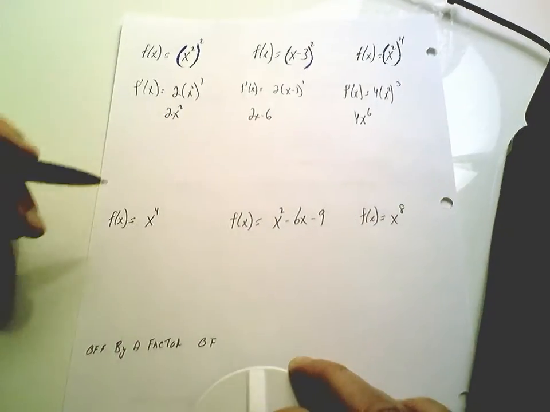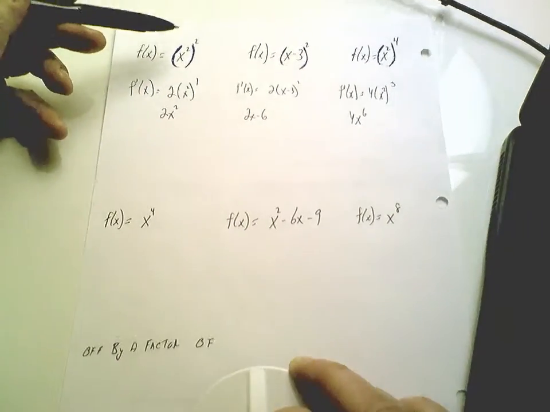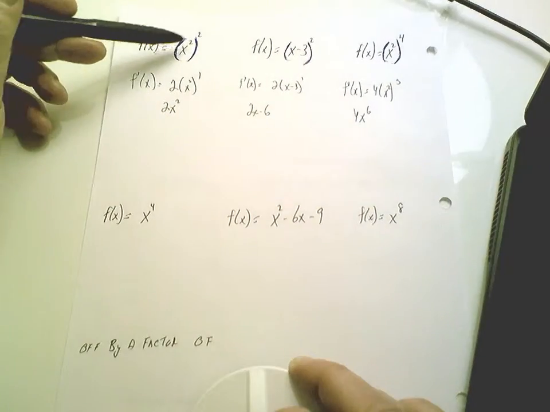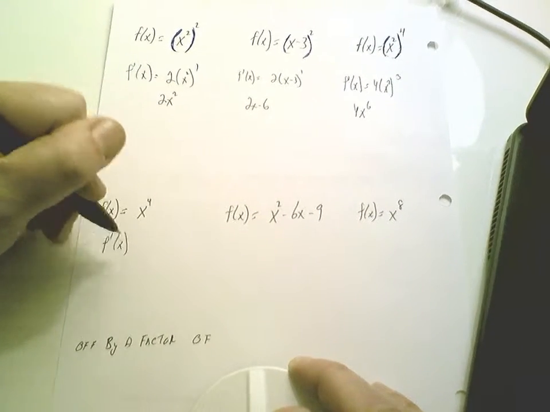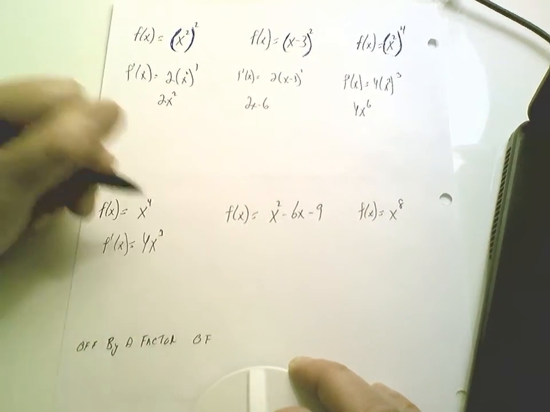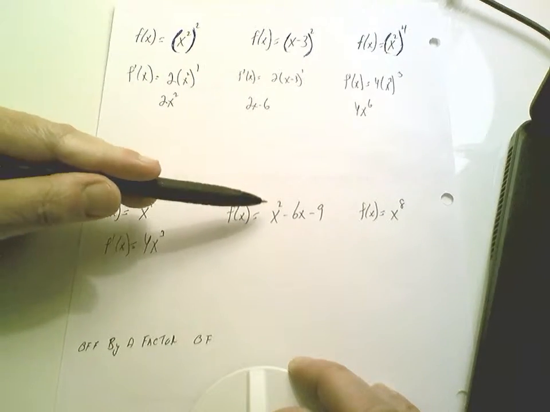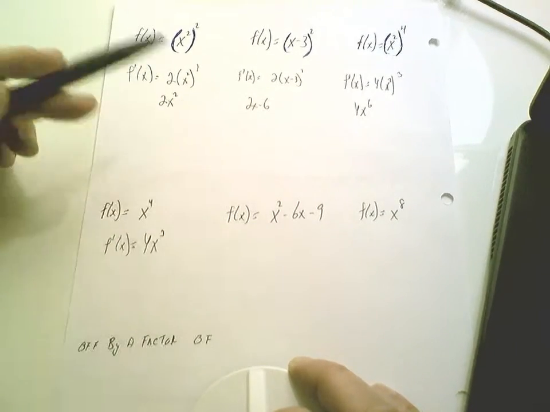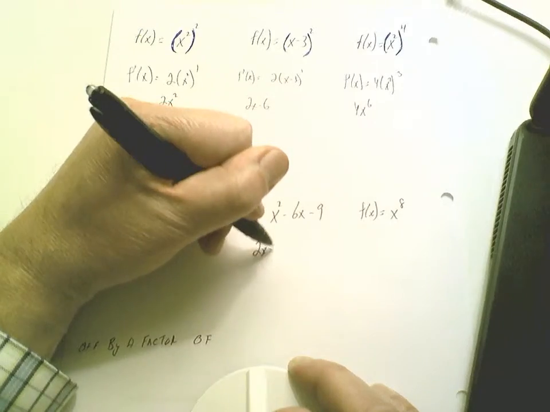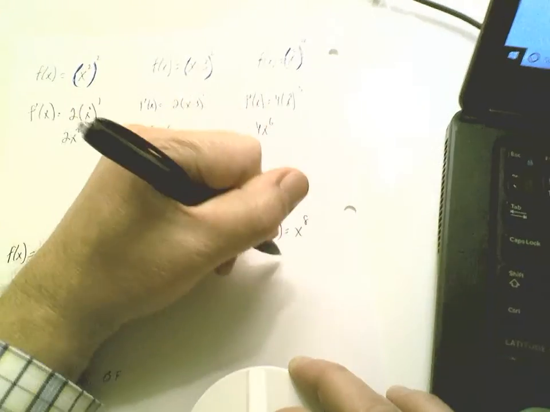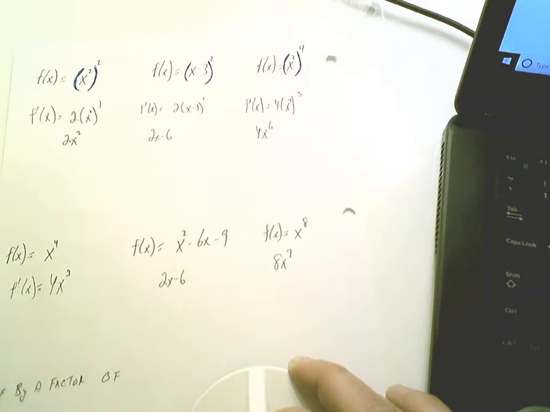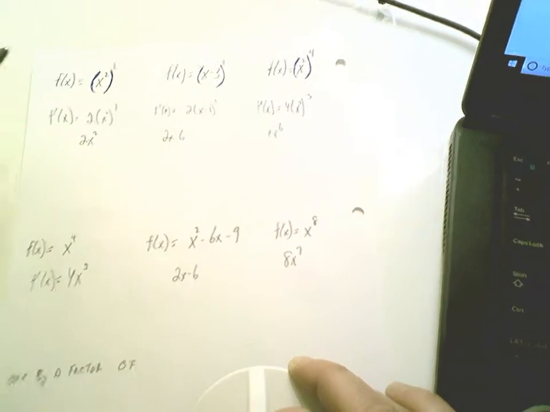I said, forget the parentheses, let's expand each of these. So x squared squared became x to the 4th, and if you took the derivative of that, you'd have 4x cubed. If you took the derivative of x squared minus 6x plus 9, you'd walk into 2x minus 6. If you took the derivative of x to the 8th, you'd walk back with 8 times x to the 7th.